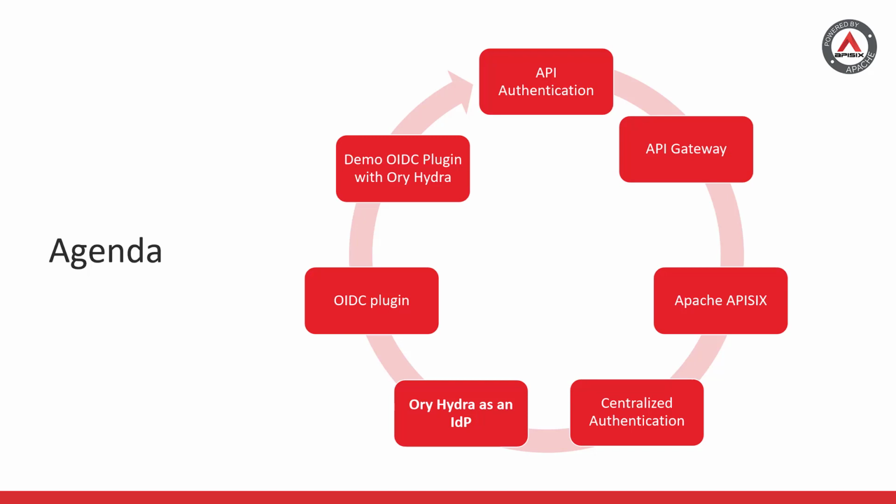And then we're going to have a quick introduction to Ory Hydra as an identity provider and how we can use it. Then I will explain shortly about the OIDC plugin, the OpenID Connect plugin that Apache APISIX offers, and at the end we will have a demo using the OIDC plugin together with Ory Hydra.